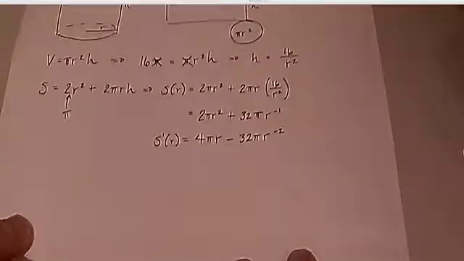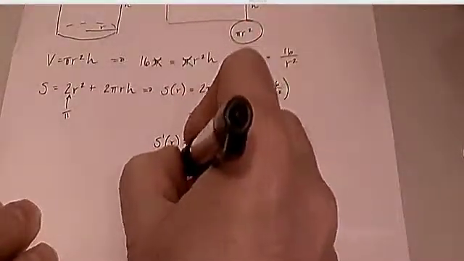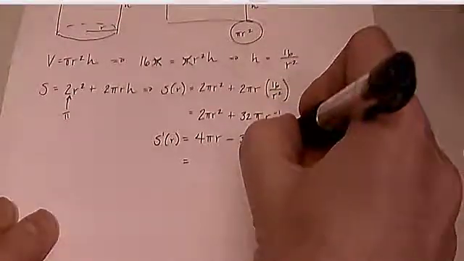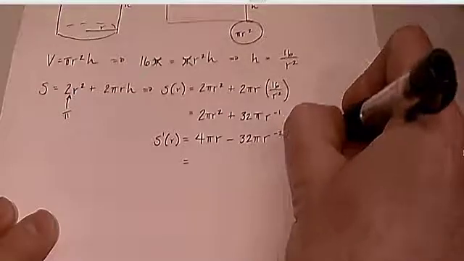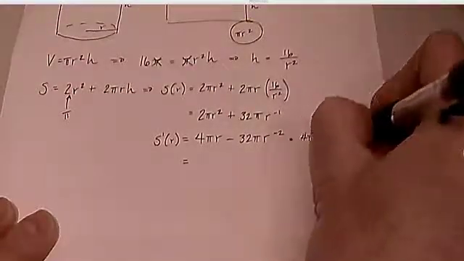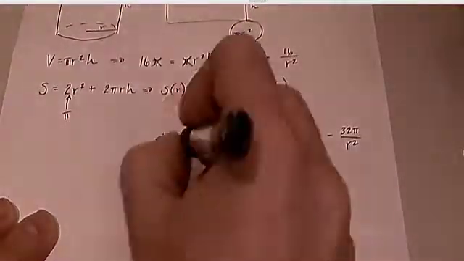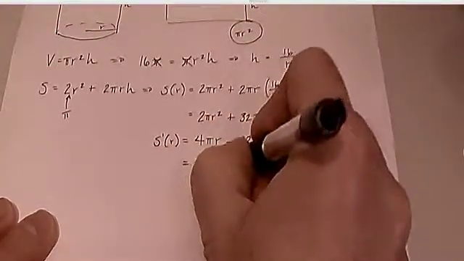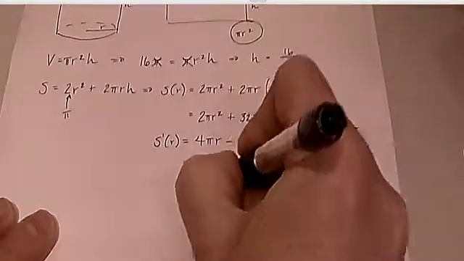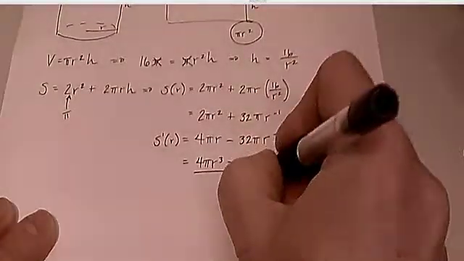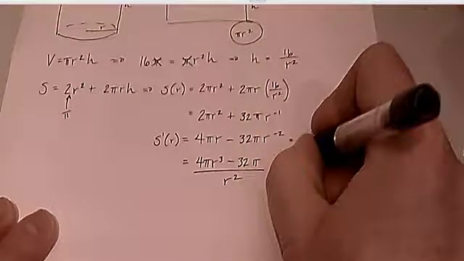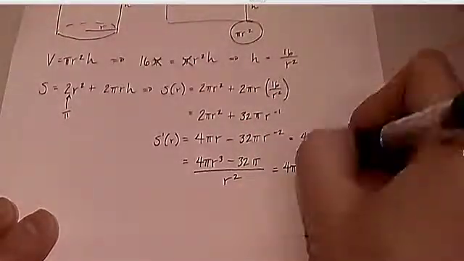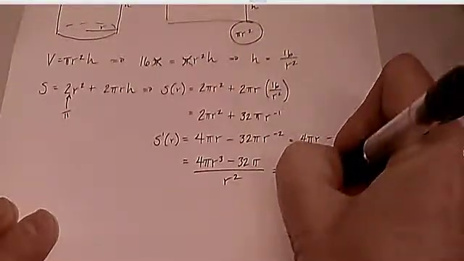And of course, just like the last problem, this one can be put in terms of a common denominator. This is obviously 4 pi r minus 32 pi over r squared, which makes this 4 pi r cubed minus 32 pi over r squared. And of course, if you're distracted by the 4 pi, you can always factor it out. That's r cubed minus, well, that would be 8 over r squared.